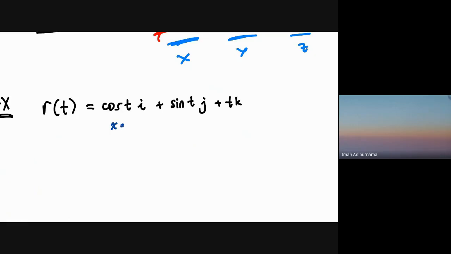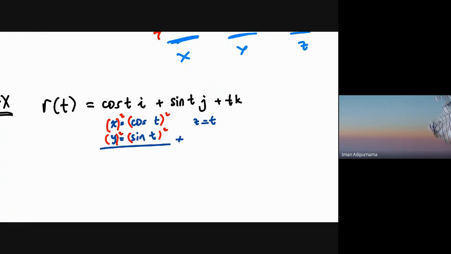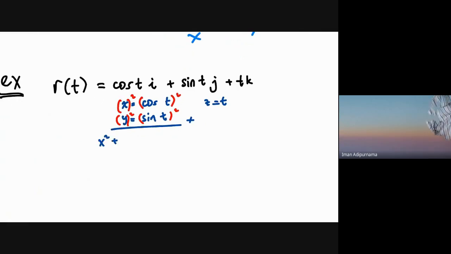If we write this as parametric, this is the parametric. And remember that if I square these and add them all, we have a circle with radius 1.